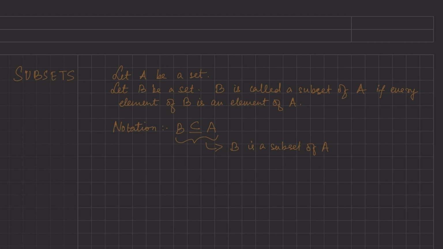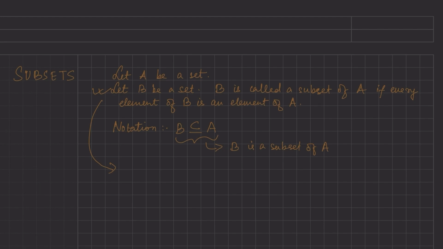So let's take a step back and realize what a subset actually is. The conditions are that for a set to be a subset of A, first of all, it can have only some elements or all the elements of that particular set A. It cannot have any other elements which are not contained in that particular set A.